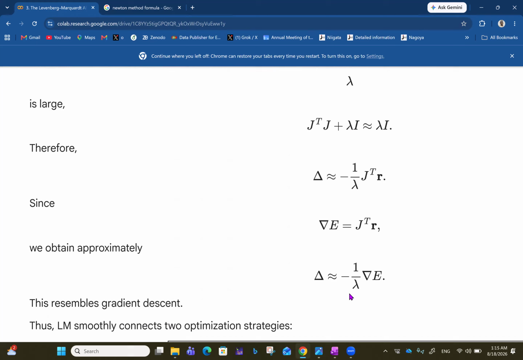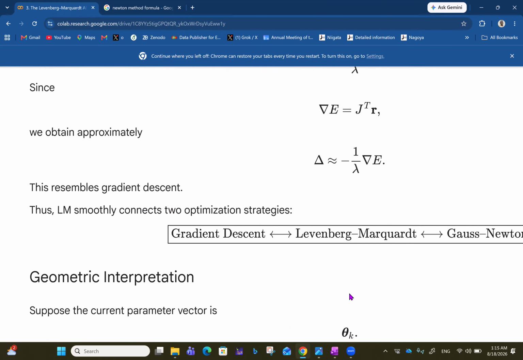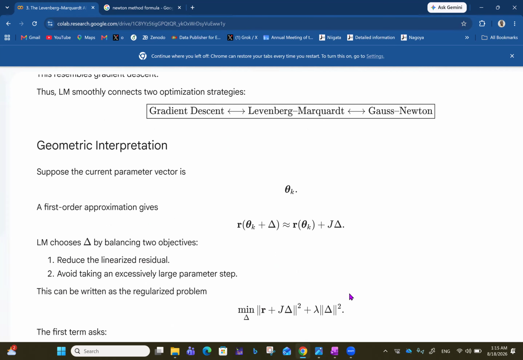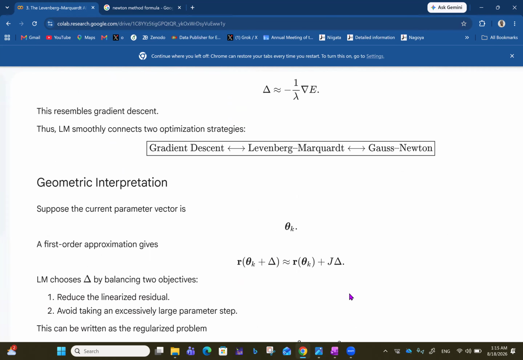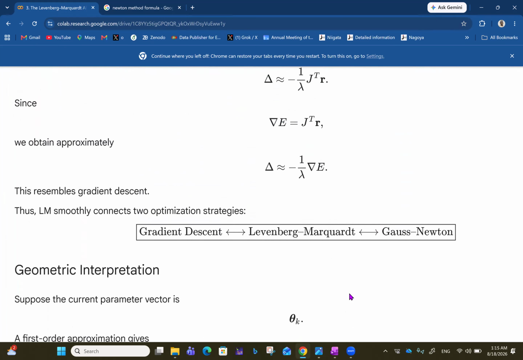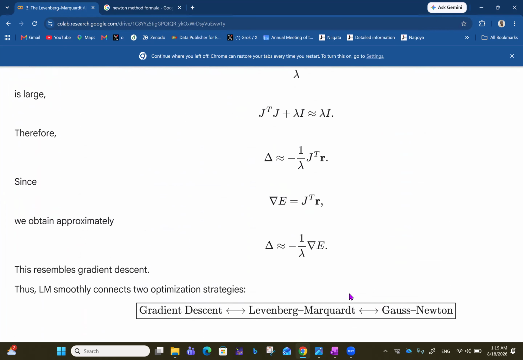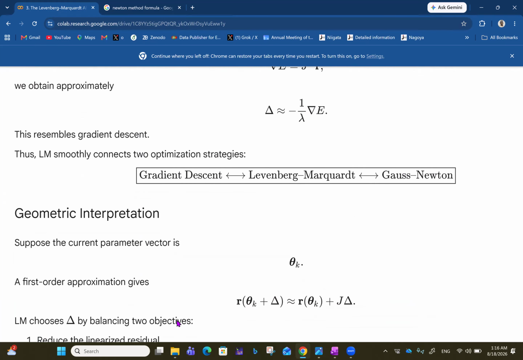Thus, LM smoothly connects two optimizing strategies. In summary, Levenberg-Marquardt is a transition between gradient descent and Gauss-Newton, depending on the parameter. Small parameter, you have behavior close to Gauss-Newton. Large parameter, you have behavior close to gradient descent.